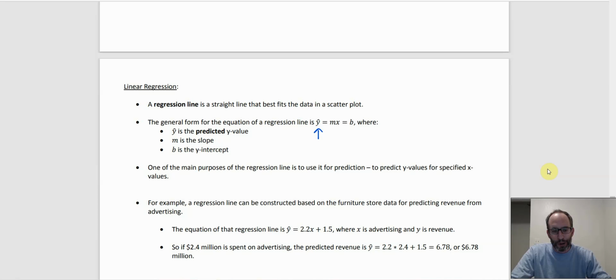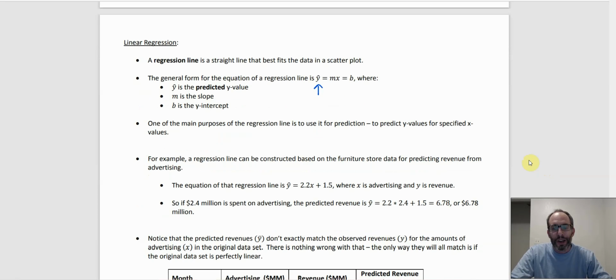So one of the main purposes is to use it for prediction, and basically there you just substitute in. So for example, for the furniture store data, if you go through and do it, then this is the line that you get. So this is what these tend to look like right here. And that's what they look like in the homework, where it's just y hat equals some number times x plus some other number, right?